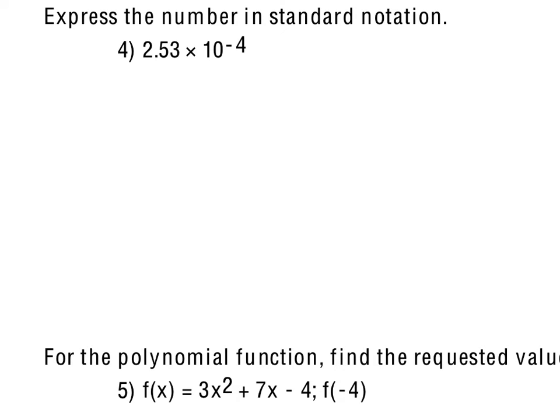For number 4, we're looking at putting the number in standard notation. Now this one has a negative exponent, so that tells me that it has as many zeros as that negative exponent. So 4 zeros, including the one that's in front of the decimal place. That one counts. And then we just do times 10.